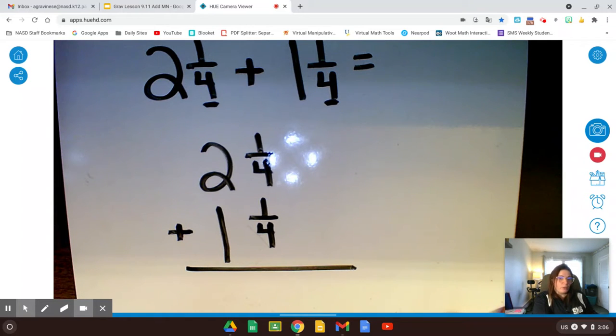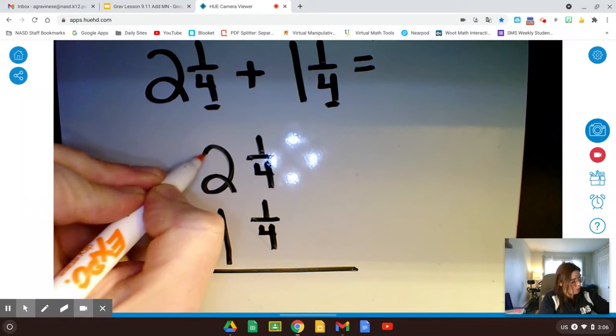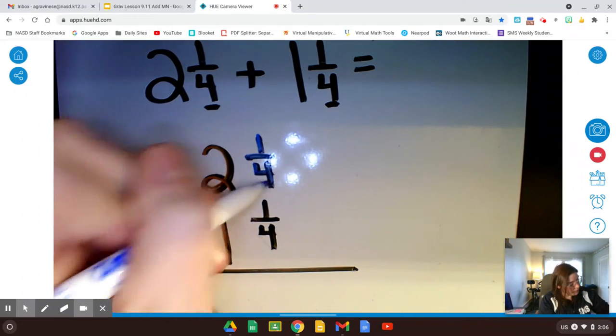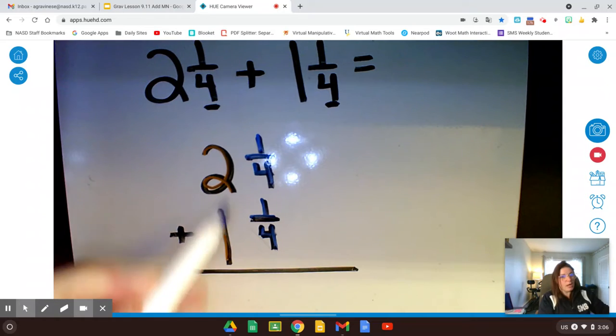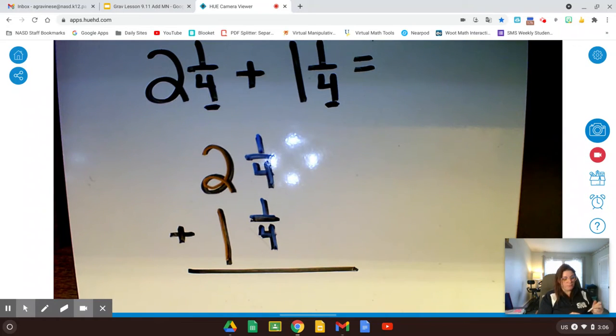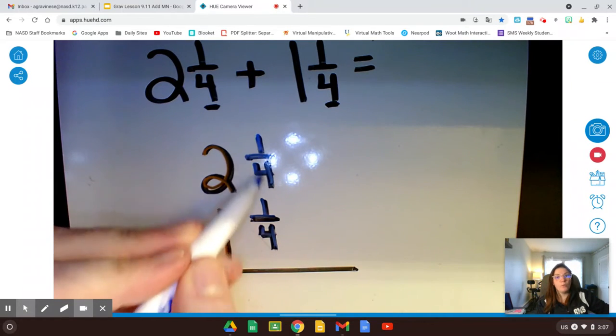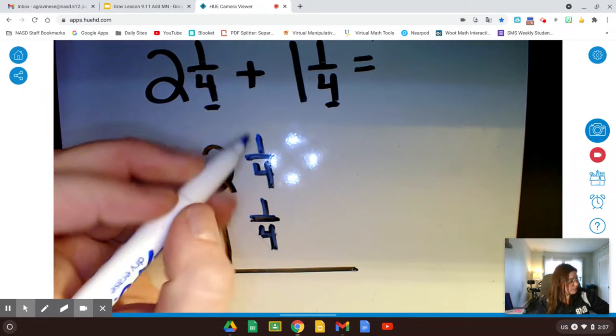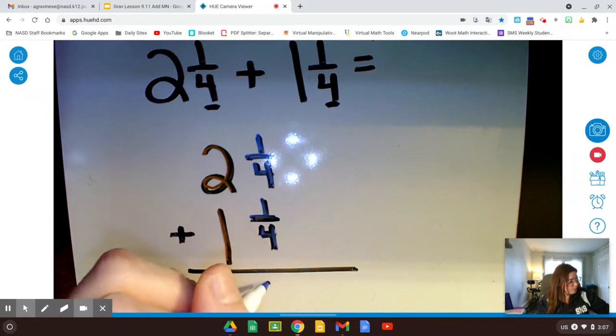And when I stack it vertically, it lets me see the difference between my wholes and my fractions, because my fractions are on top of each other and my wholes are on top of each other. I'm going to start off by adding my fractions together. Again, since these are already like fractions, I can simply add my numerators.